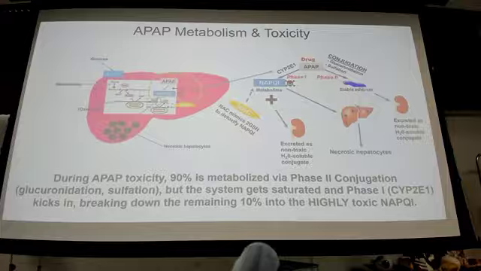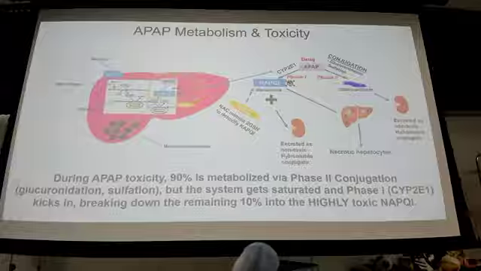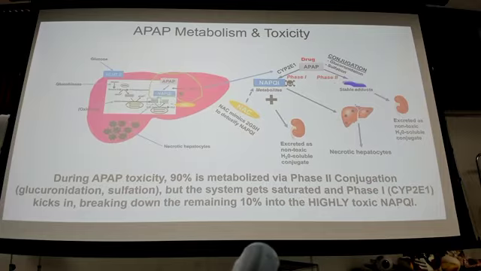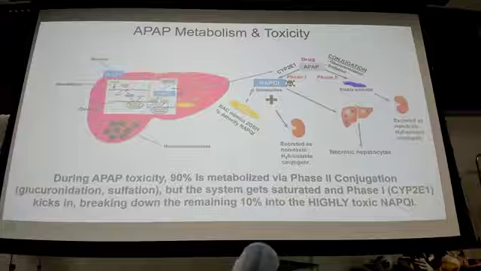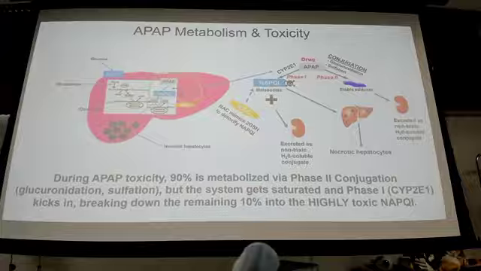NAPQI may be produced in very small quantities if we consume Tylenol on a regular basis, but if we have glutathione, it's going to be quickly detoxified. I don't know the exact minimum threshold for the amount of acetaminophen required to saturate the phase 2 pathway. Any other questions?